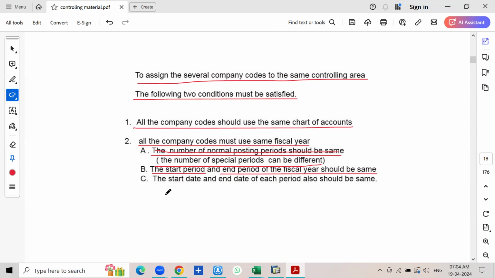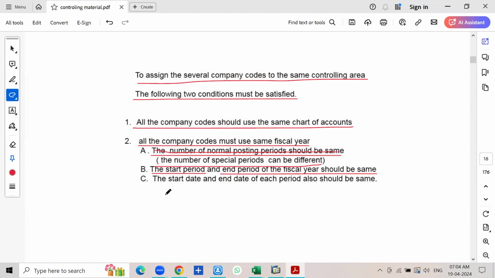That means every fiscal year should start with April and end with March. Otherwise, every fiscal year should start with January and end with December. Otherwise, start with October and end with September.